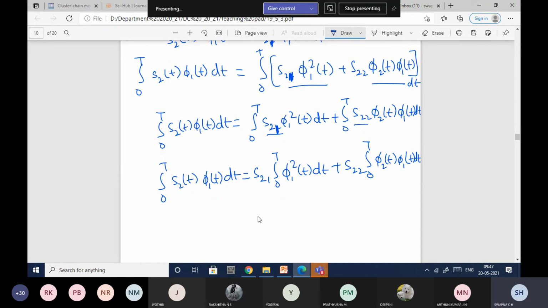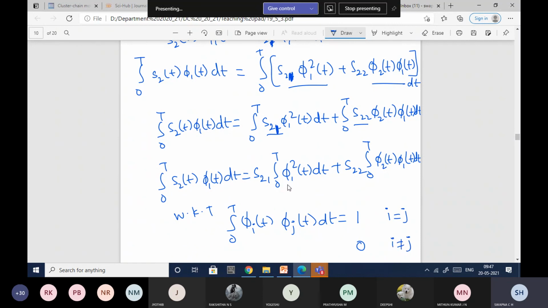Integral 0 to t, we know that integral 0 to t phi i of t into phi j of t dt is equal to 1 if i is equal to j, and is equal to 0 when i is not equal to j.